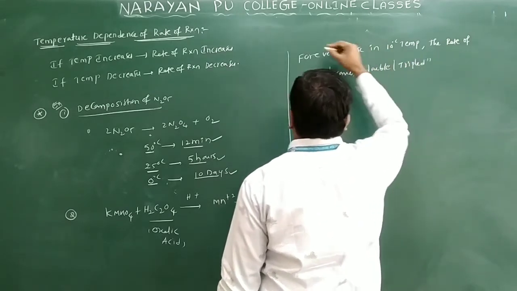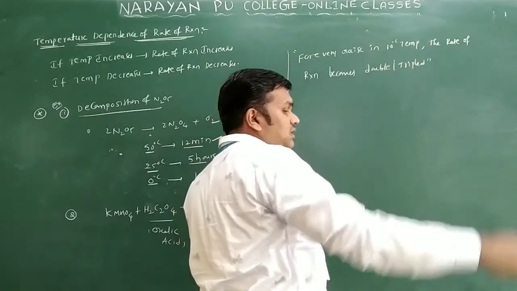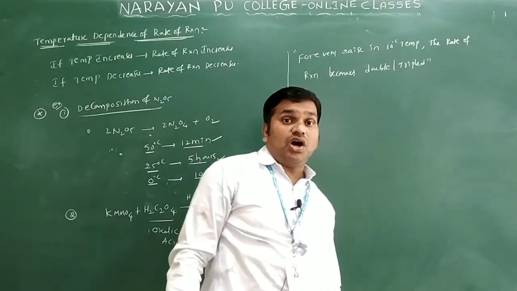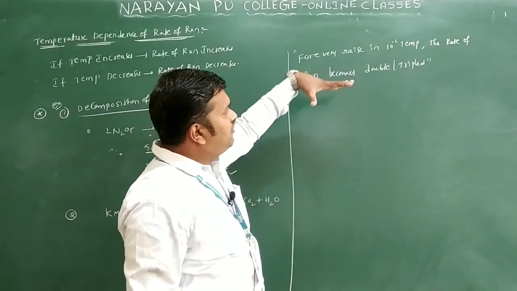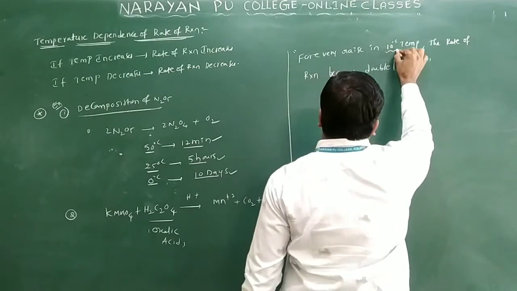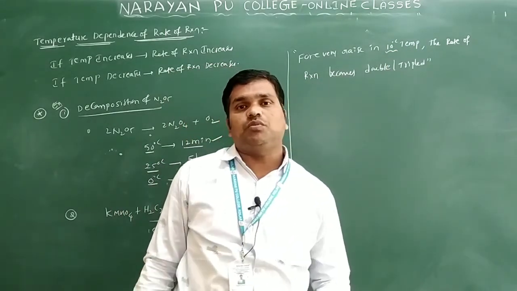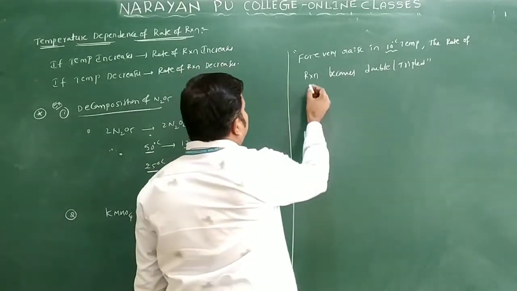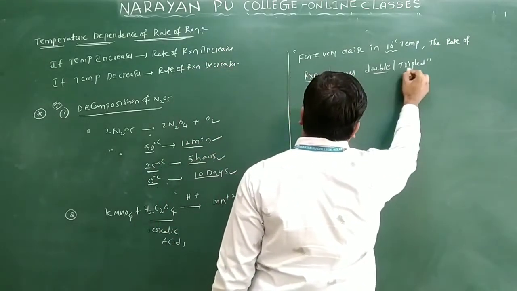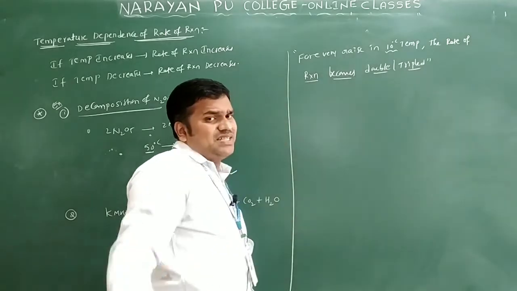This is a very, very important point. So generally we say that the rate of reaction increases with increased temperature, but how it increases, we can write like this: for every rise in 10 degrees Celsius temperature, the rate of reaction becomes double or triple. So why does the rate of reaction become double or triple? Generally this concept is there.